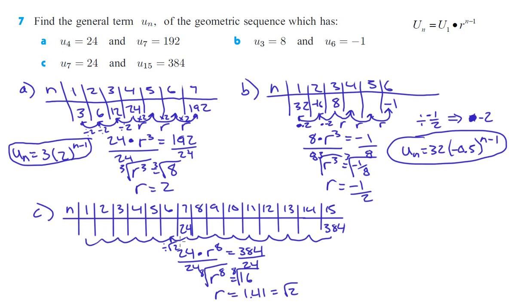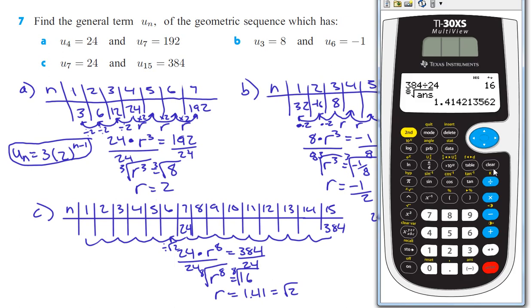So that's 24. We've got 1, 2, 3, 4, 5, 6 times. So we've got to take 24 and divide by the square root of 2 six times. Okay, so let's see if we can figure that one out. So there's our square root of 2. It's already in there.